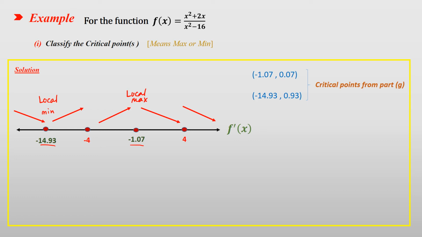So the local max equals f of negative 1.07, and this is equal 0.07, and we have local minimum equals f of negative 14.93, and this is equal 0.93.